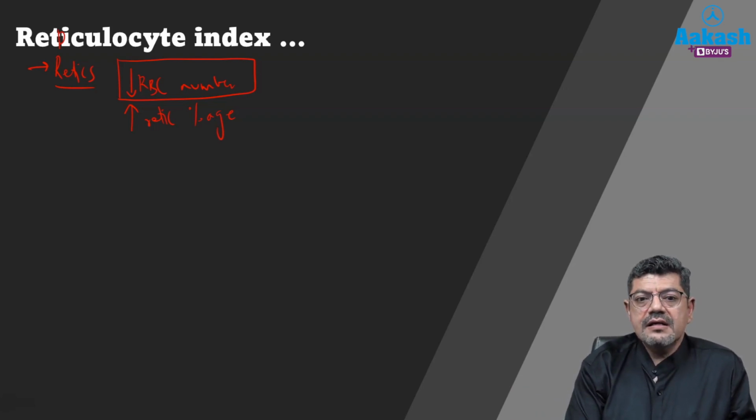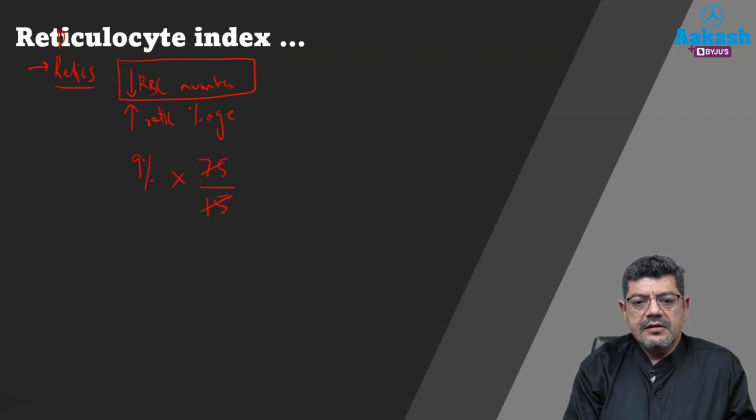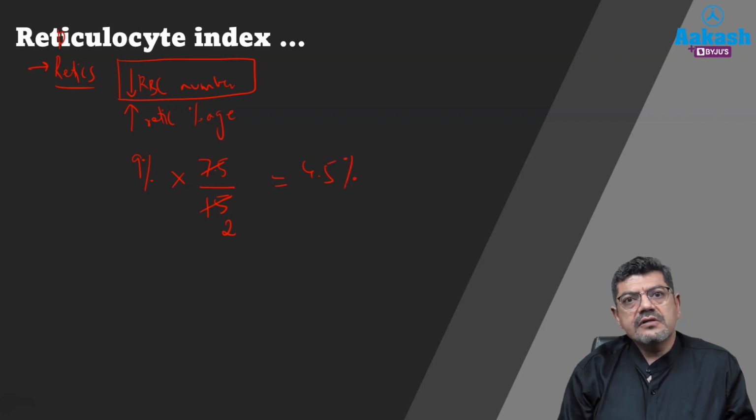How do we compensate for this change? How do we compensate for this artifact? Is that we correct the reticulocyte percentage for the severity of anemia. That means, let's say that you get a reticulocyte percentage of 9%. The patient's hemoglobin is 7.5. We correct it for expected hemoglobin, and that gives us the corrected reticulocyte count, right?